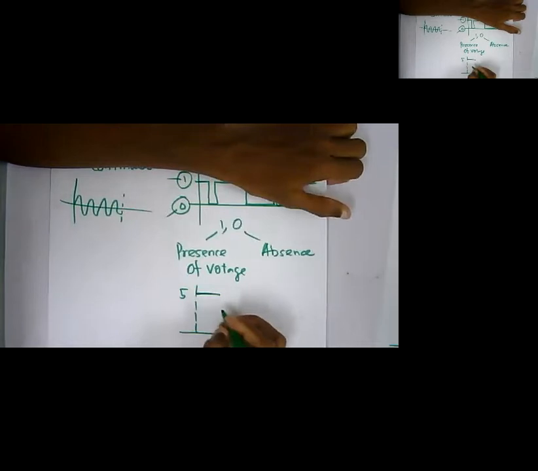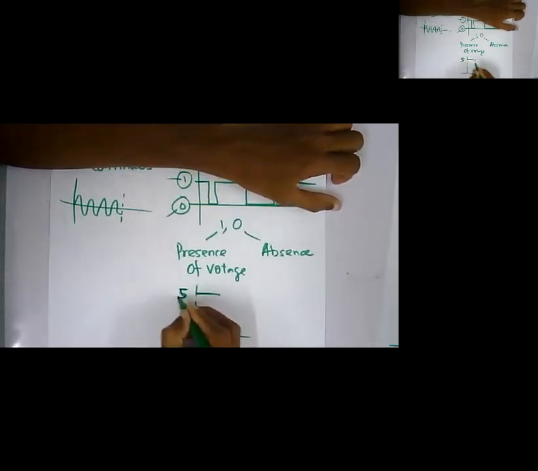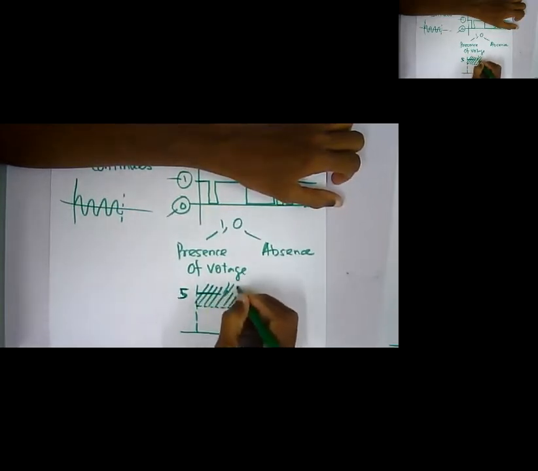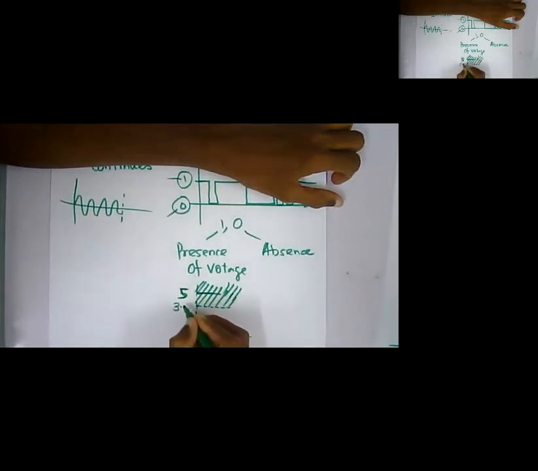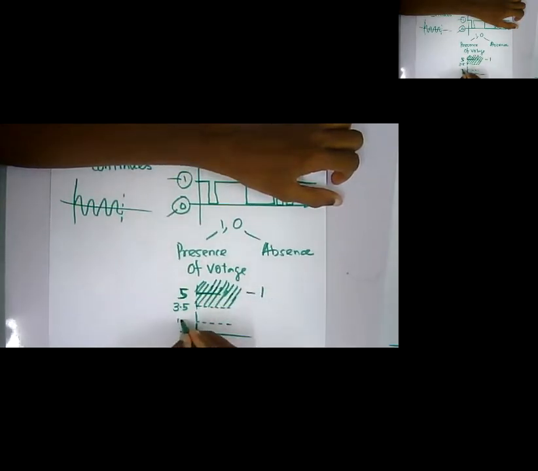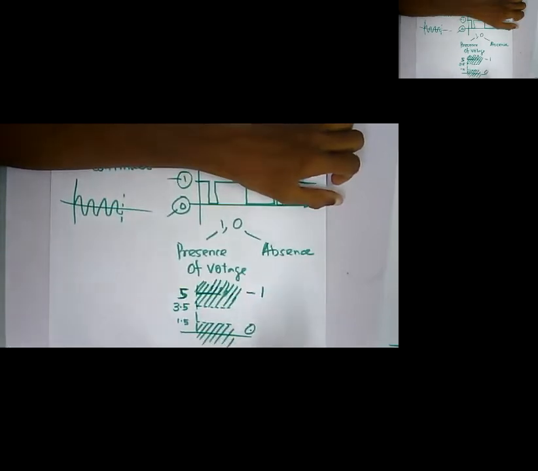And we have a threshold value, because we cannot always have exactly 5. So we have a band: above 3.5 volts is always called 1, and below 1.5 we call it 0.